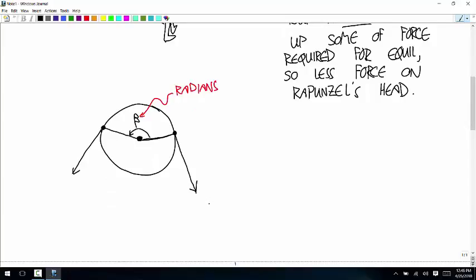So let's say that this is T1 and this is T2. And T1 is greater than T2.